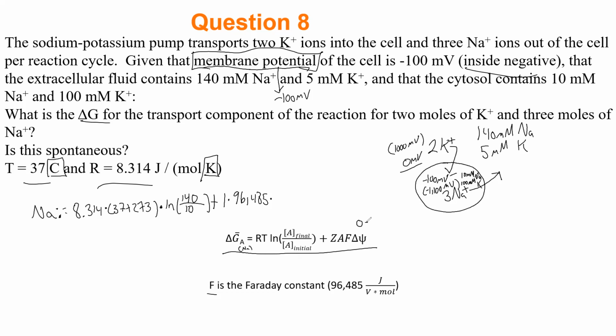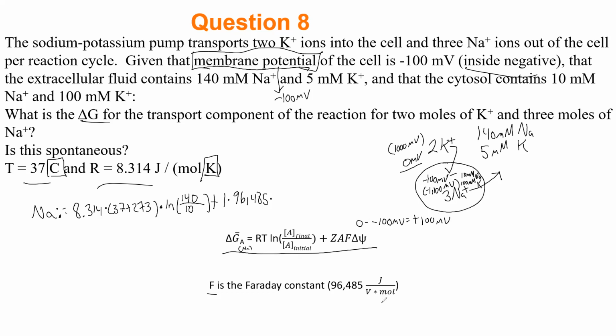So this is 0 minus a negative 100 millivolts, which is positive 100 millivolts. This is saying that the sodium is experiencing a charge difference of 100 millivolts from being moved from inside the cell to outside the cell.